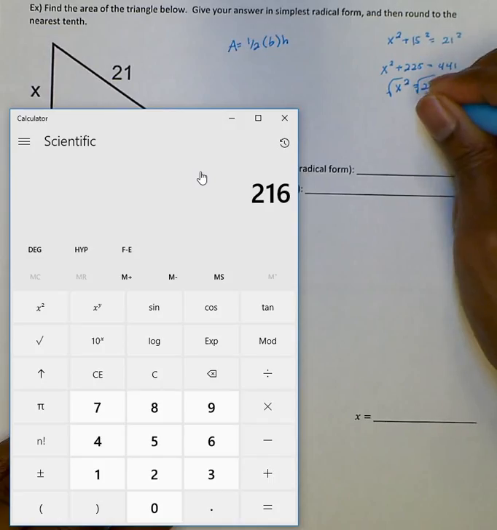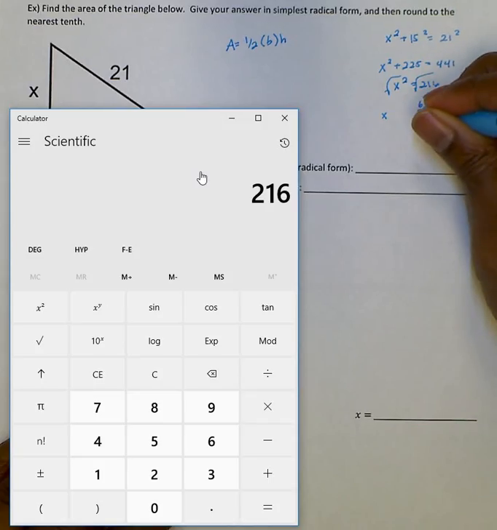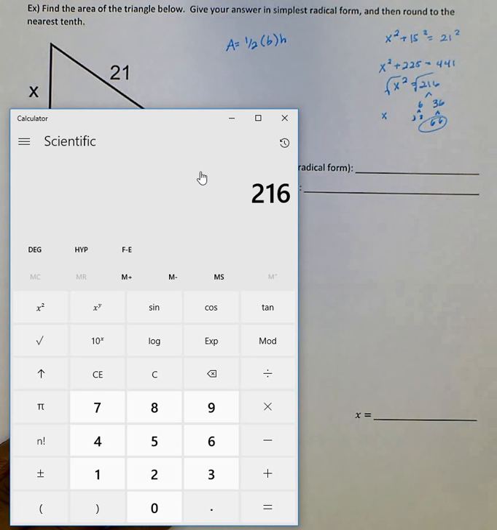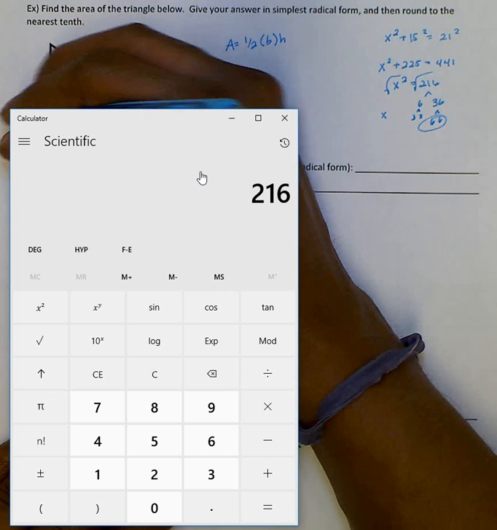That will give me x equals, I know 6 goes in that. 6, and that's 3, 6. Alright, so I could break this down further into 3 and 2, but there aren't pairs there. So x, the height then will be 6 radical 6.